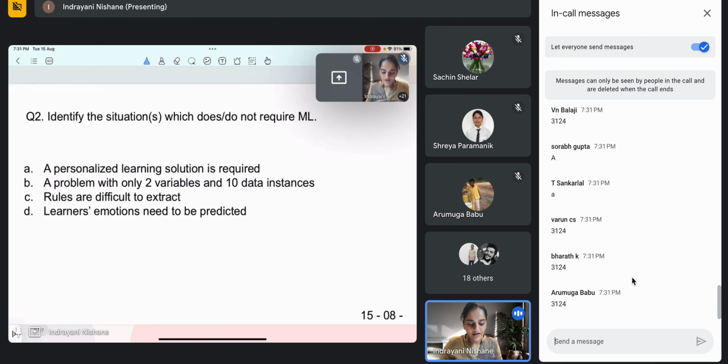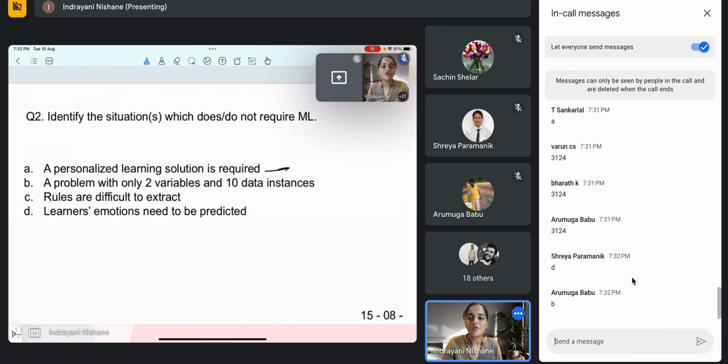Okay? So identify the following solutions which do not require ML. Option A is personalized learning solution is required. I think we discussed in session 1 how ML is required and not required in personalized learning solutions.